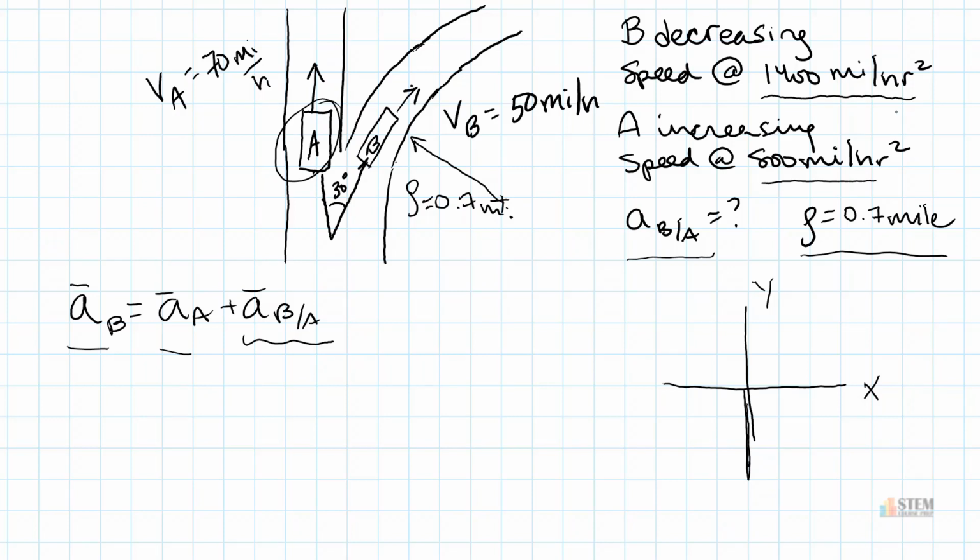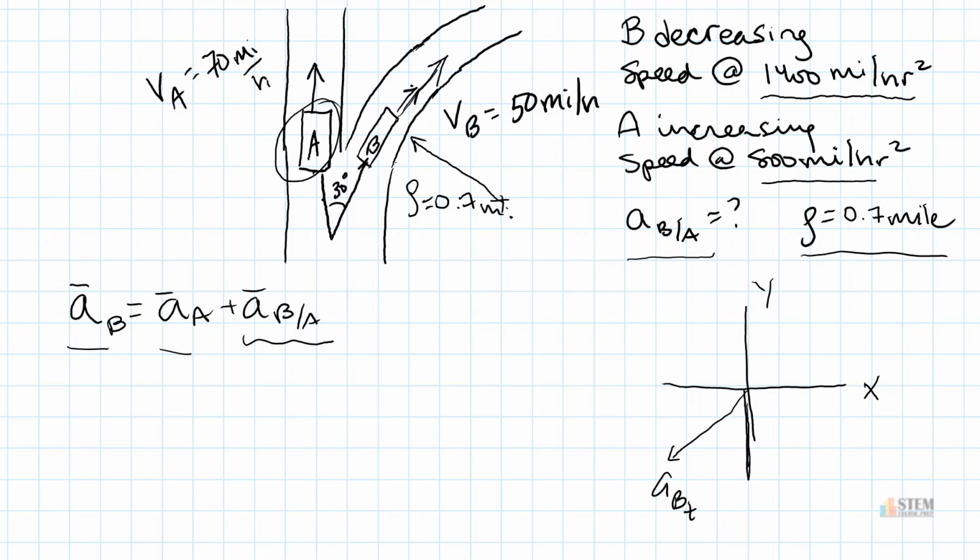If your speed is changing at a certain rate, that is the tangential component of acceleration for that object. So the tangential component of the acceleration of B is going to be in the negative direction. If the motion of B is going this way, the acceleration is going in the opposite direction. So this will be our a_B tangential.